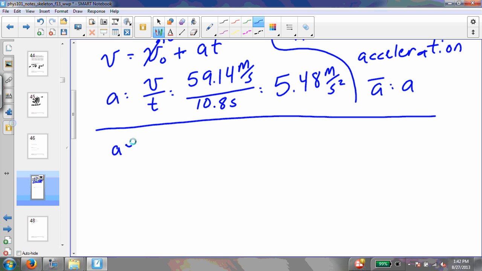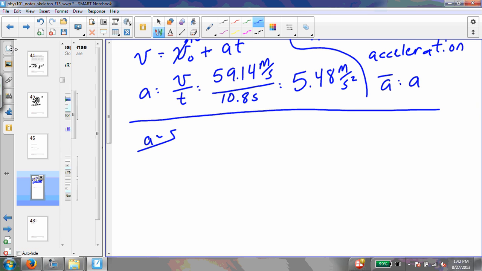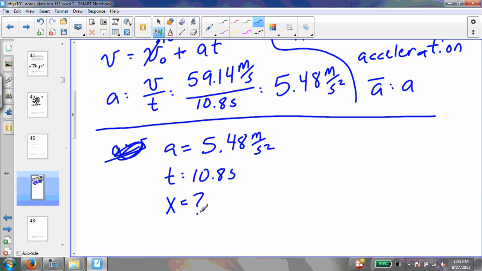We have our acceleration, 5.48 meters per second squared, and our time is 10.8 seconds. And now I want to know what our x value is. I know that we already have the x. We know that it's 1/4 mile, but I want to illustrate something for you. So let's try to find our x.